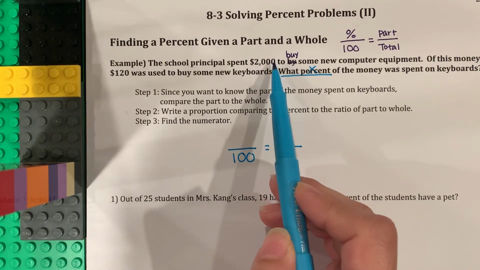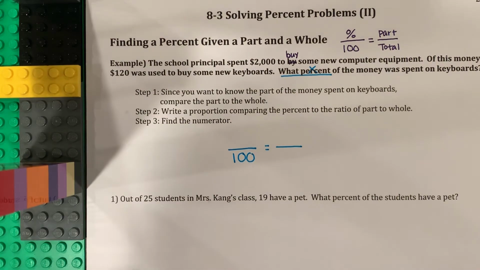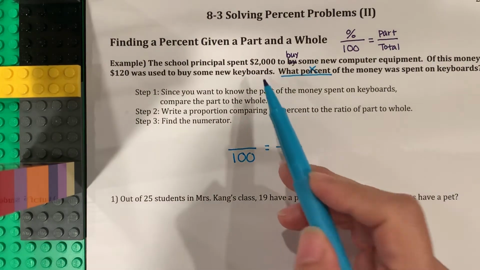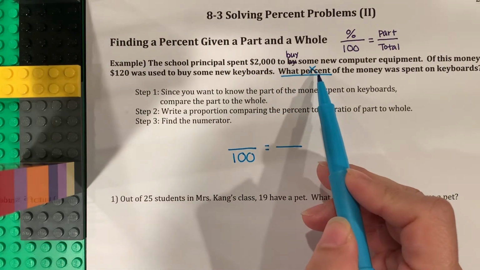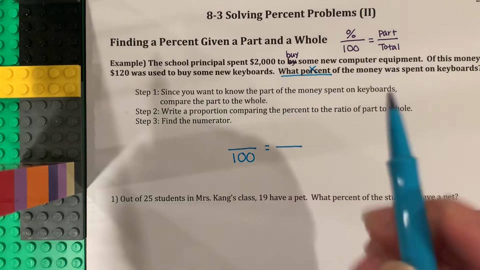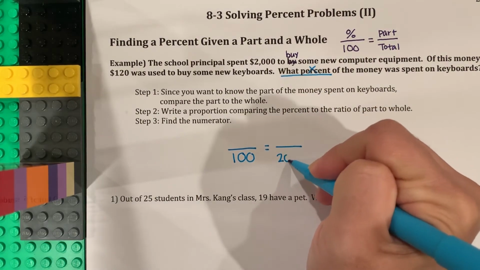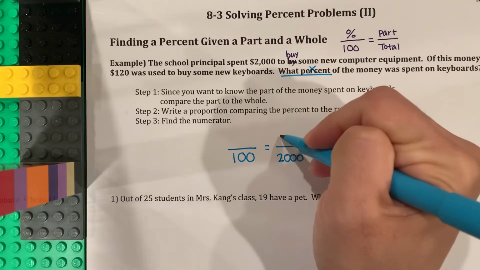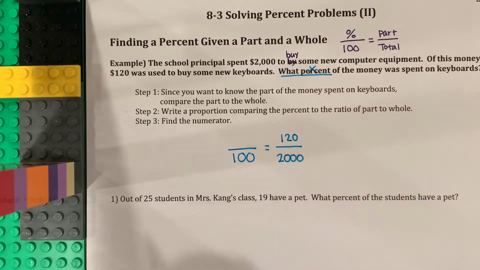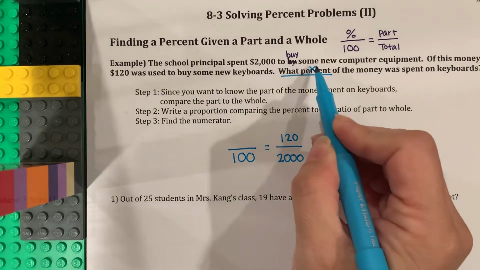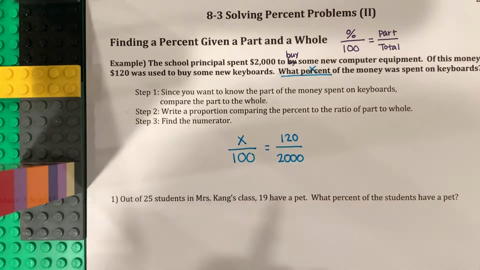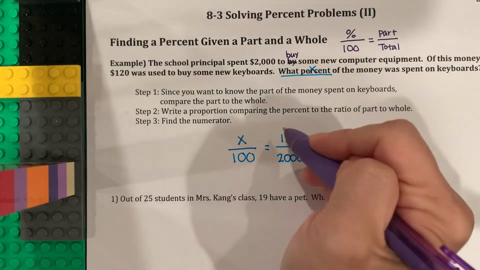And out of this $2,000, $120 was used to buy some keyboards. And you want to find out what percent was spent on buying keyboards. So hopefully you can figure that $2,000 is the total, $120 is the part, and percent is what we are looking for.